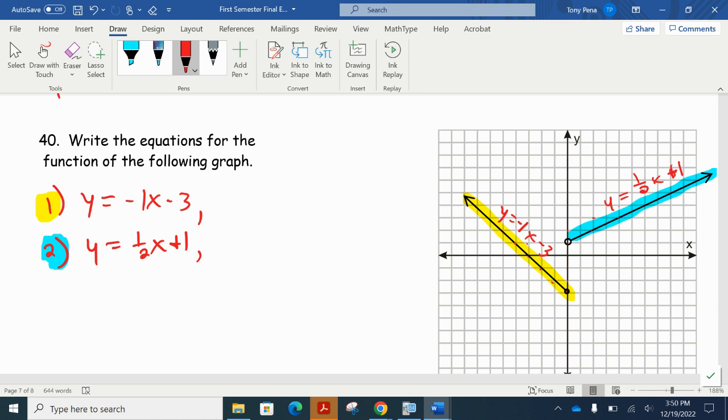And again, you won't have to set all this up on the final, but since this is 2 different pieces, these are defined a little bit differently in terms of the domain, in terms of the x values. So if you notice, this one is only good for these negative x values, so -1, -2, -3. All these negative x values over here. So this is only good for x values that are less than or equal to 0.